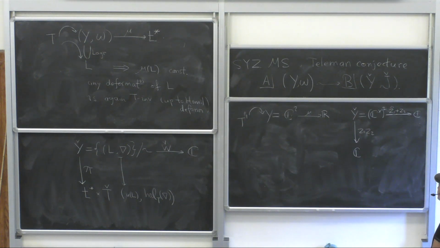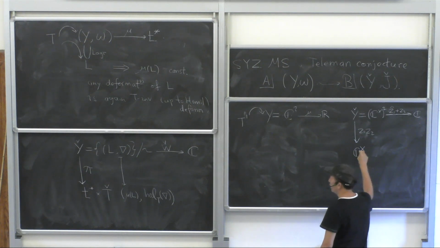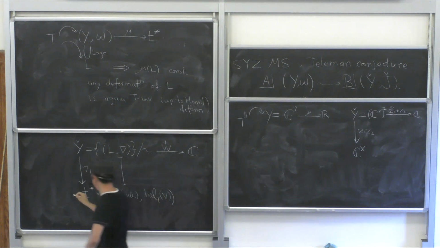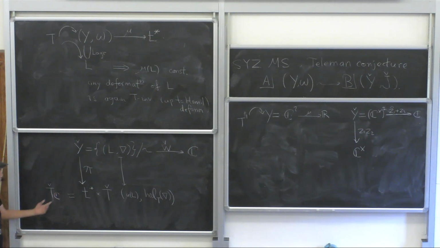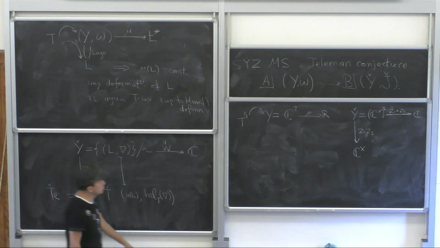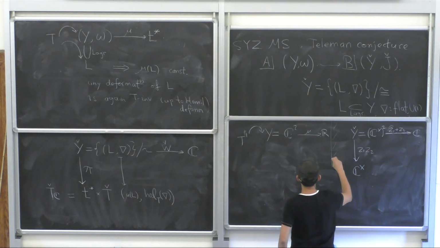So, C star, sorry. I write this one as a complexified torus. This R cross S1 becomes C star. So in this particular example, you can think of this as a mirror statement.